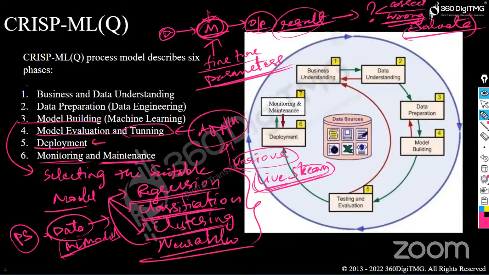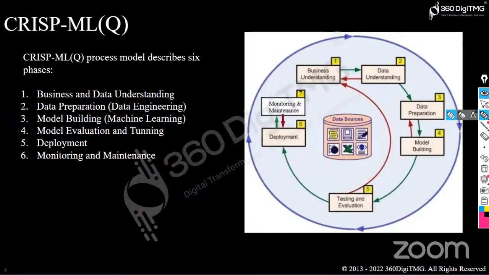So these 6 steps are also important, and it is part of CRISP-ML(Q).